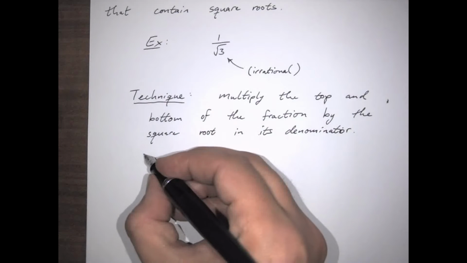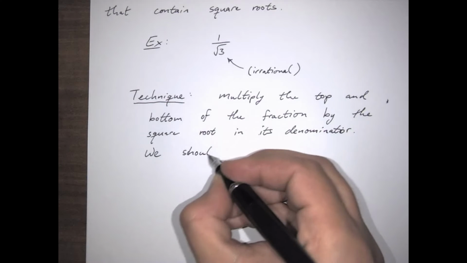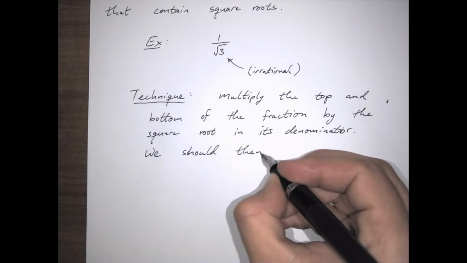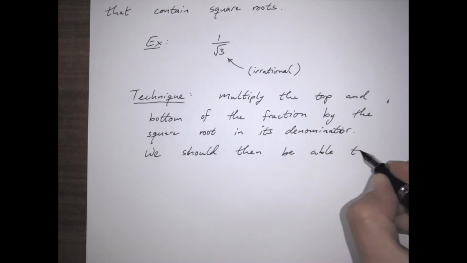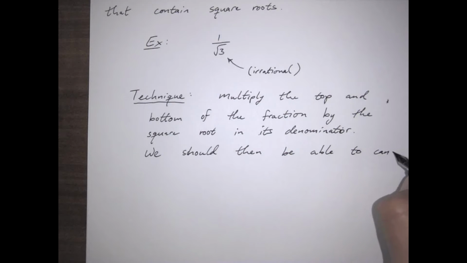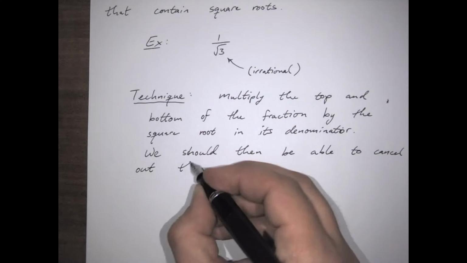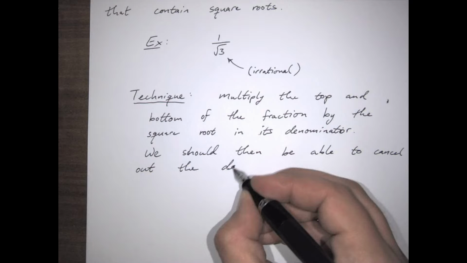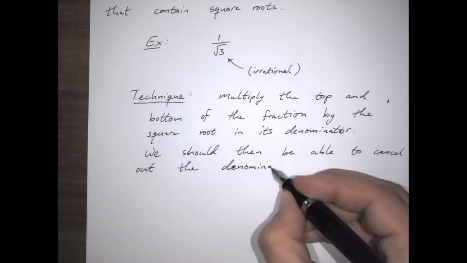Then we should then be able to cancel out the denominator square root.